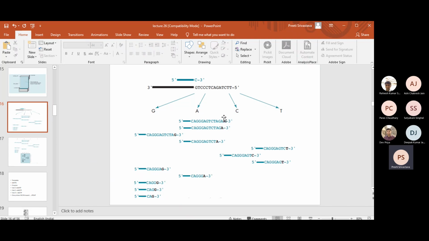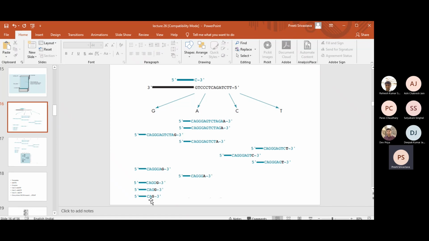The final A's. Likewise, when you have the dideoxy CTP, you see that the entire sequence has one G between A, G, A, so you get a C over here, right? In case of dideoxy TTP, you will get the chain terminated at these positions. So ultimately you will get these kinds of chain terminated molecules.